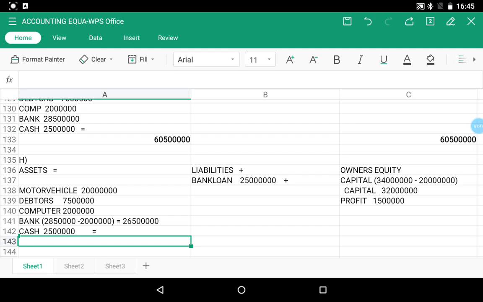So here we are going to get our totals. When we add 20 million motor vehicle plus debtors 7.5 plus computer 2 million plus bank 26.5 plus cash 2.5, we remain with 58.5 million.